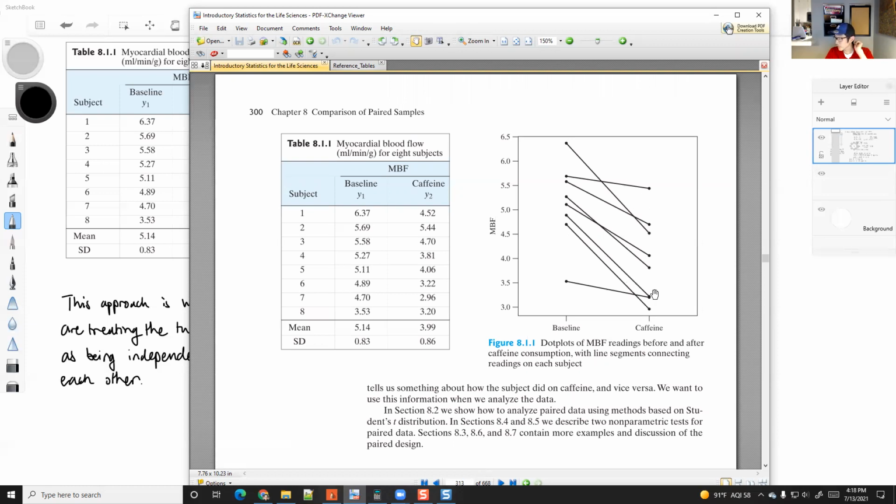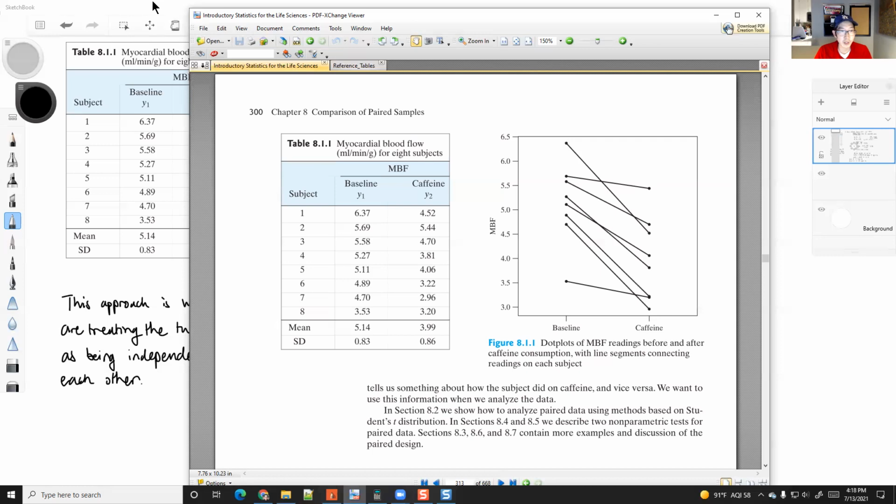And so what we need to do is treat the before and the after as being joined together. These are not 8 separate random people, but the same 8 people. And what we're seeing across the board is that people who start higher will end up higher over here, and people on the lower end will end up on the lower end over here.